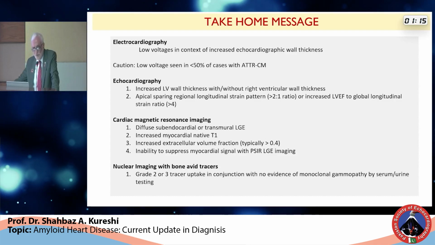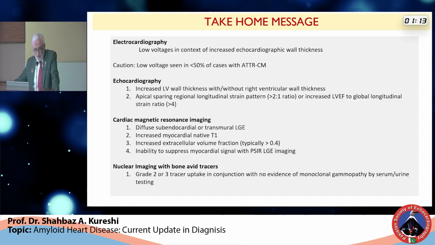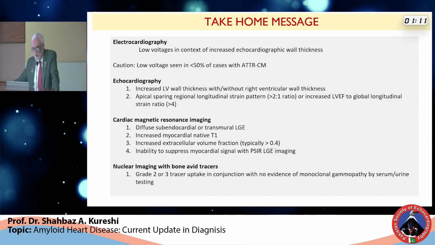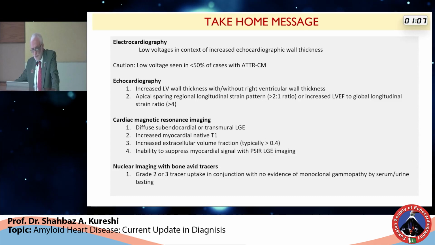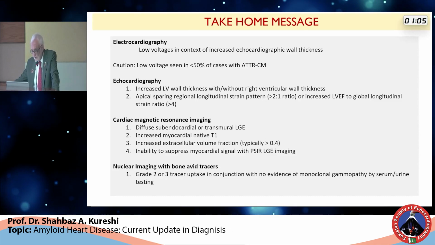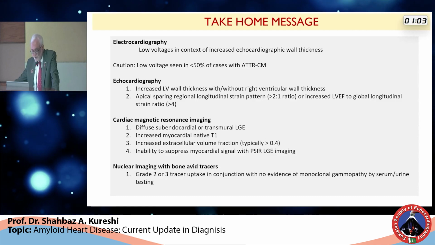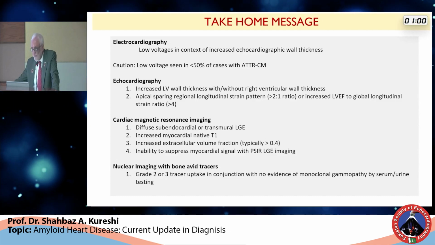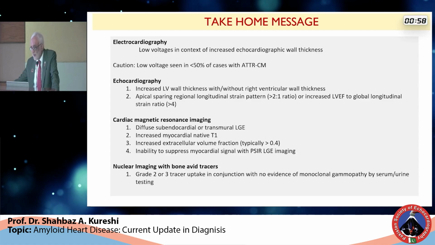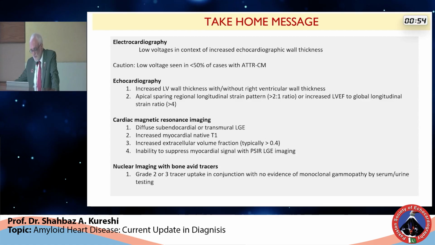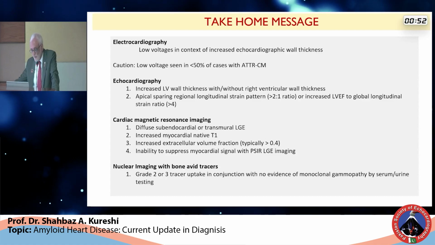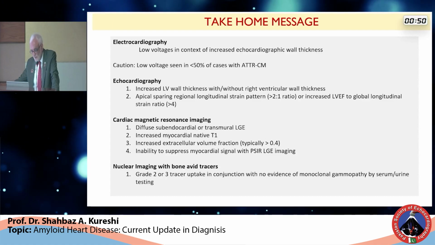We had an excellent lecture on cardiac magnetic resonance imaging by Professor Tipu just about 2 days back. Then there is an increased myocardial native T1, an increased extracellular volume fraction, and an inability to suppress the myocardial signal with PSIR LGE imaging.